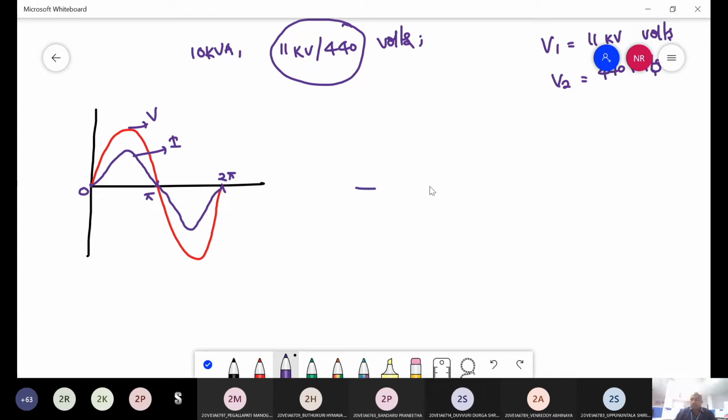So now if these two alternating quantities, voltage as a reference, that is V is equal to Vm sin omega t, then I also is Im sin omega t. It means current I is in phase to the voltage V. So here this is current I, both are in phase. This is the phasor diagram.